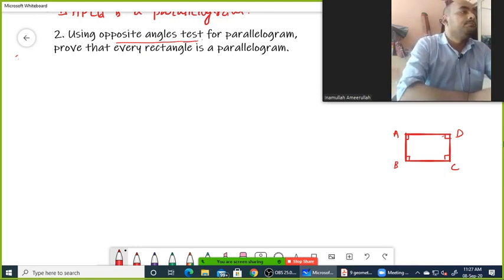Now first we will write the given information. Given that quadrilateral ABCD is a rectangle.